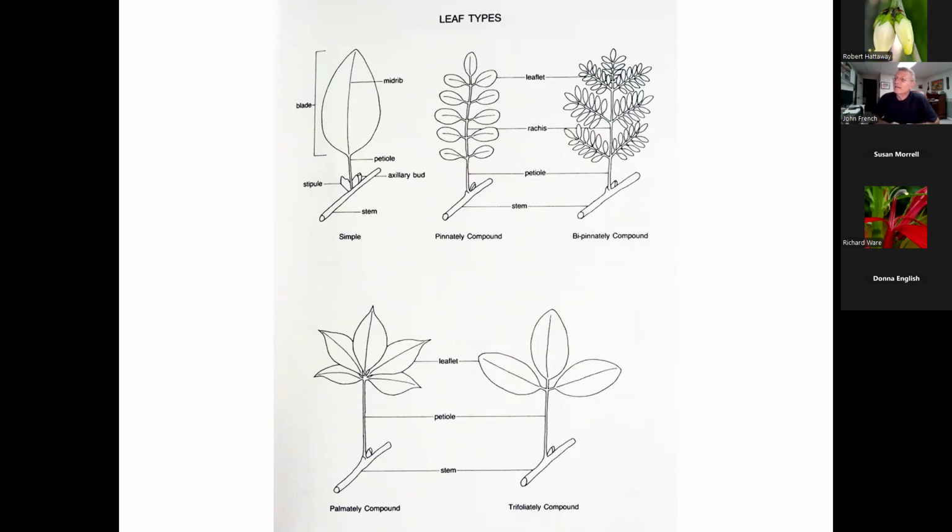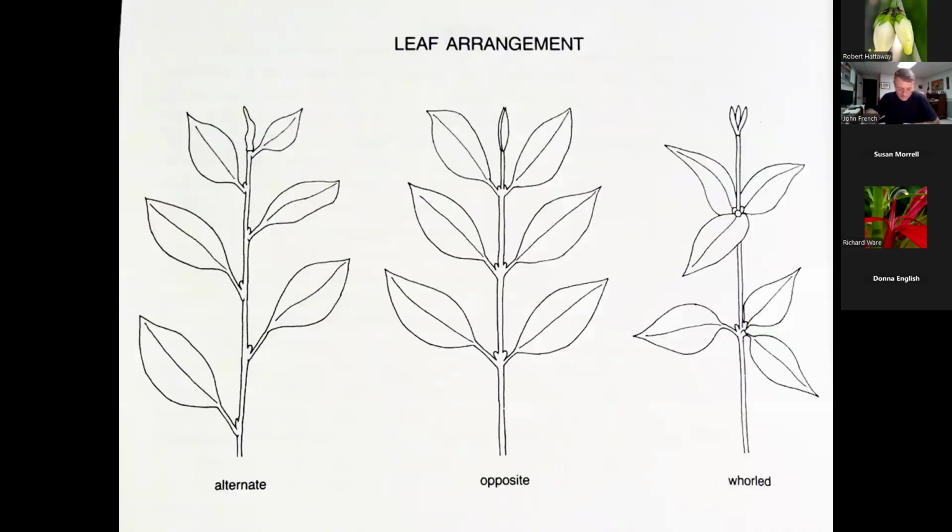Of course, the other terms are stem, axillary bud, stipule, petiole, blade, and midrib. Rachis: the leaves are called leaflets on the pinnate and bipinnately compound. So all of that will fall off in the wintertime. Every bit of that will fall off of the twig right there.